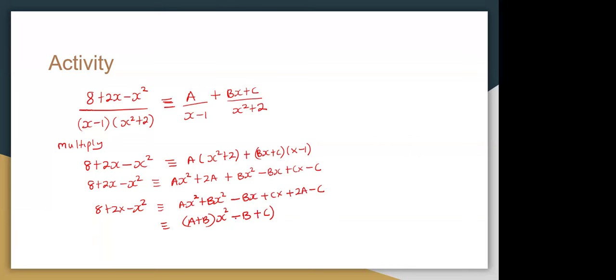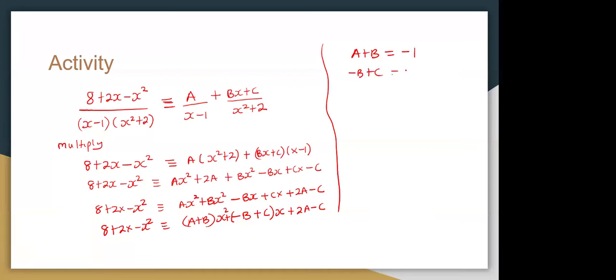Then plus 2a minus c. Then you equate: a plus b is equal to -1, minus b plus c is equal to 2, 2a minus c is equal to 8.